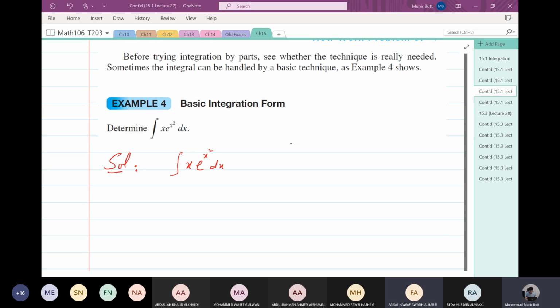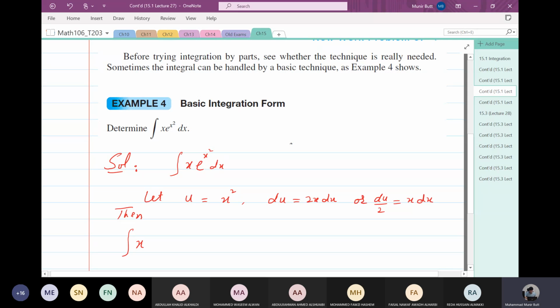We take e. So you remember we put u is equal to x square, by substitution. Then this x, because we need 2 here, so it means that du over 2 will be x dx.